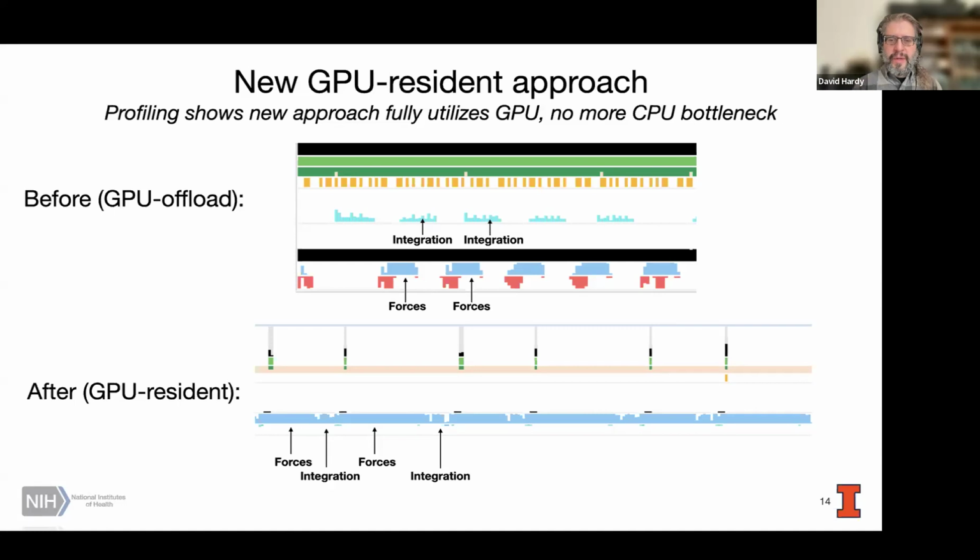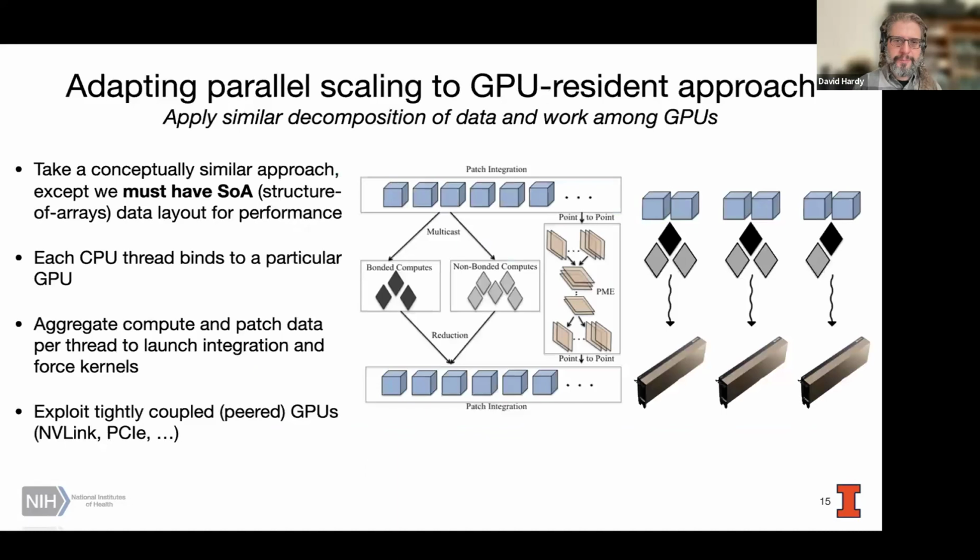And then after moving to the GPU resident mode of operation, we're actually keeping the GPU quite well occupied, and we have very little work left on the CPU. And so this gives you an idea of how we're using the hardware, between GPU offload mode and the new GPU resident mode.